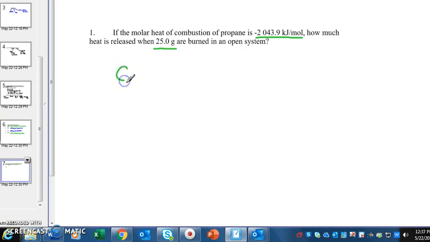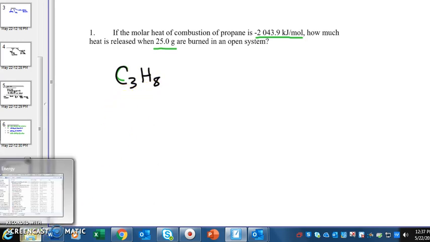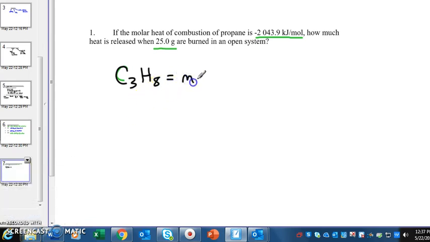Propane, if you remember, is C3H8, which, taking the 3 carbons and 8 hydrogens, 12.01 times 3, means that this will have a molar mass of 44.11 grams per mole.